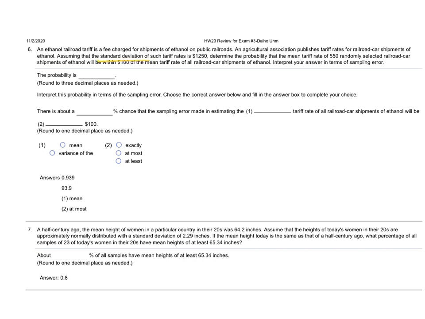I think it is the standard deviation. Determine the probability. Yeah, we need the probability. I think 550, that is the sample size, and we need the probabilities within 100.